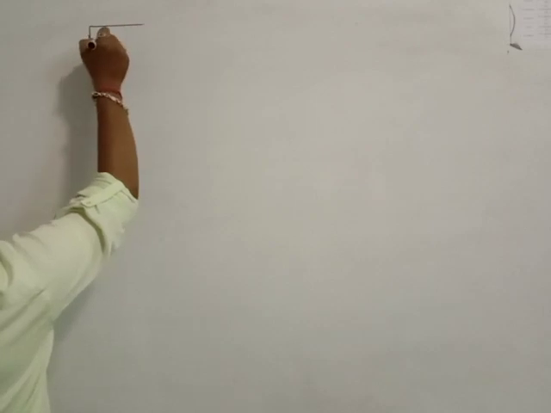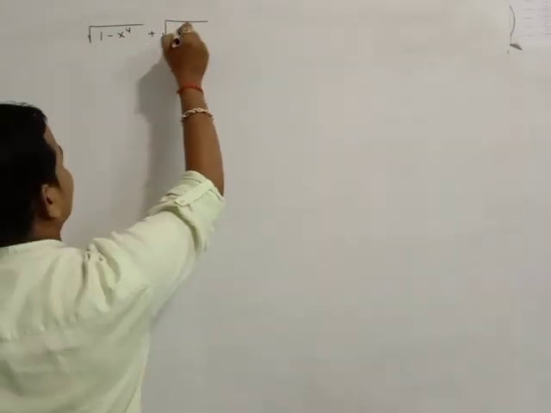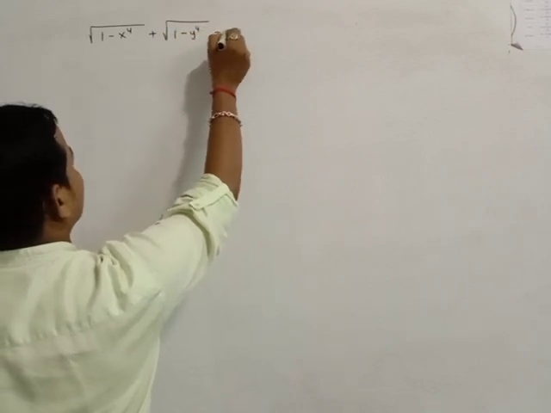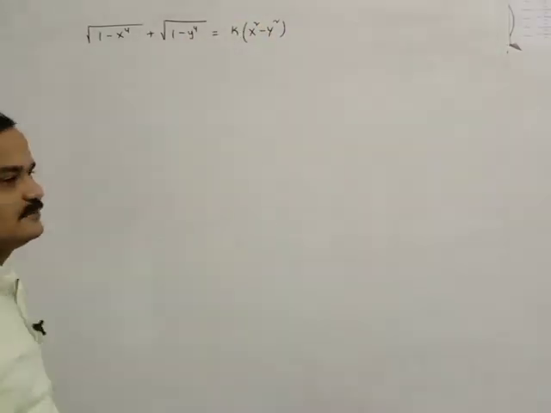Root over 1 minus x power of 4 plus root over 1 minus y power of 4 is equal to k into (x square minus y square).